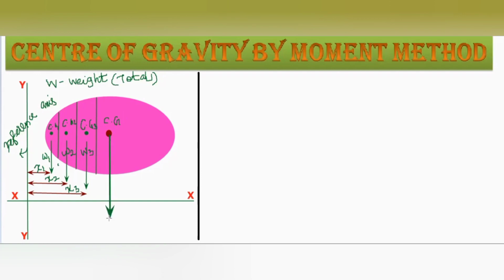Do you understand? And this will be the x bar. Here you can see this is the total weight of the entire area, concentrated at the particular point and acting vertically downward. Here we are going to calculate this distance only.